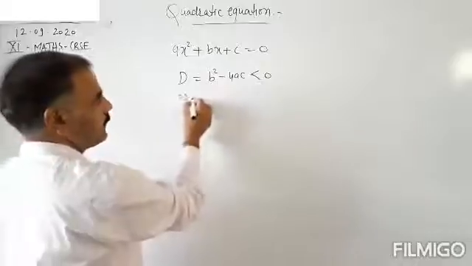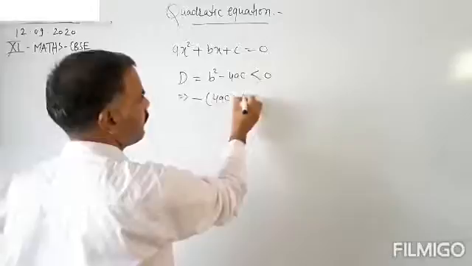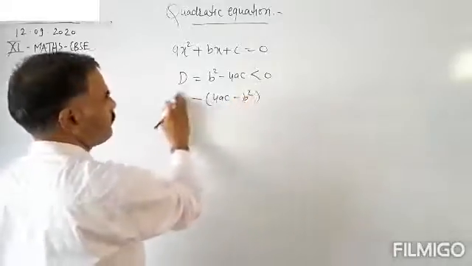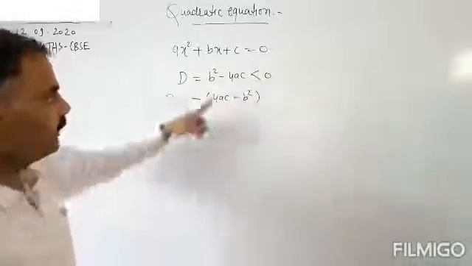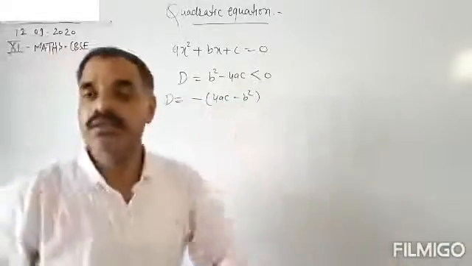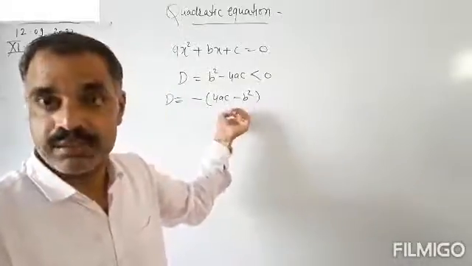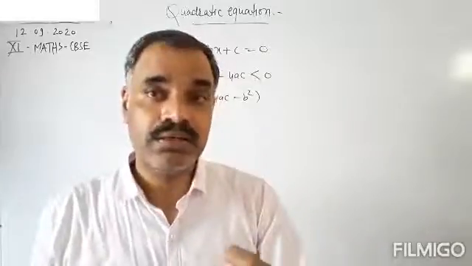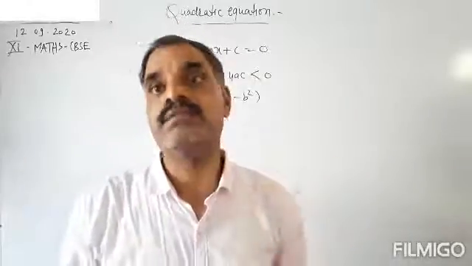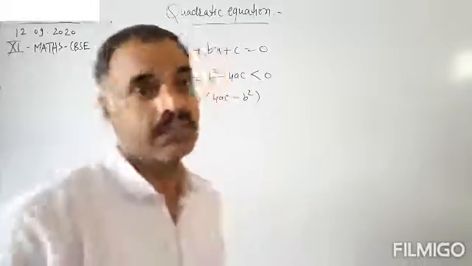Taking minus as common, D equals minus of 4ac minus b square. The quantity inside the bracket is positive, but there is a negative sign outside the bracket. So D is less than 0. We will consider this case.